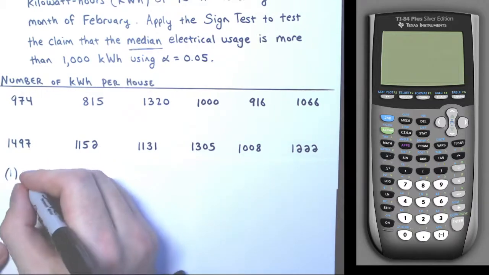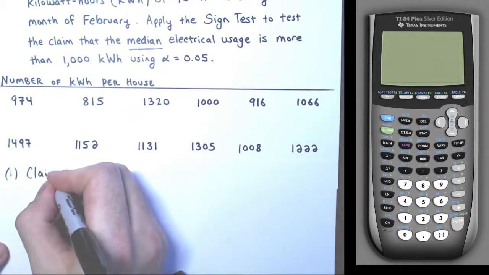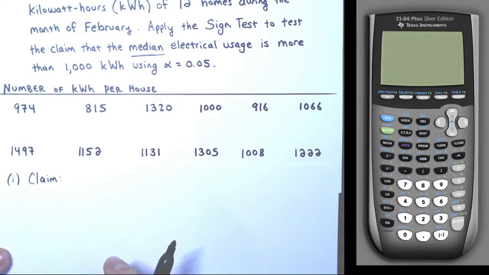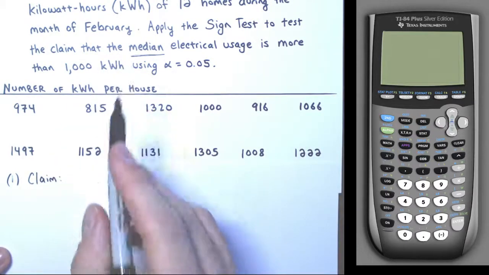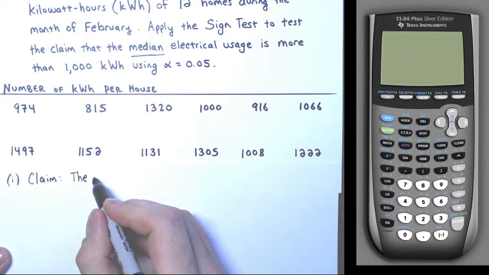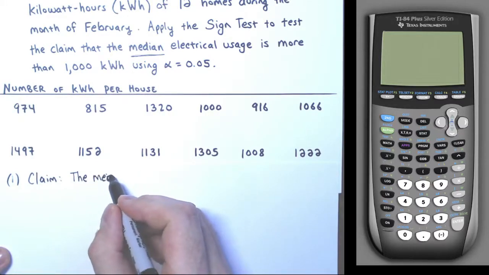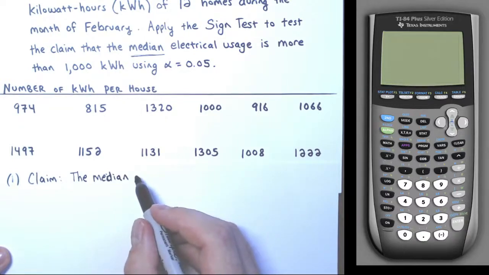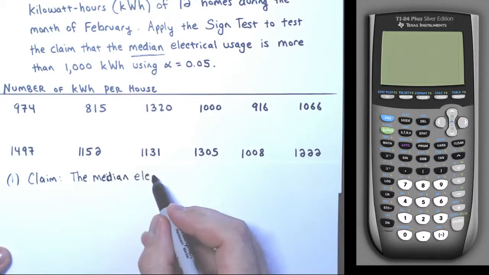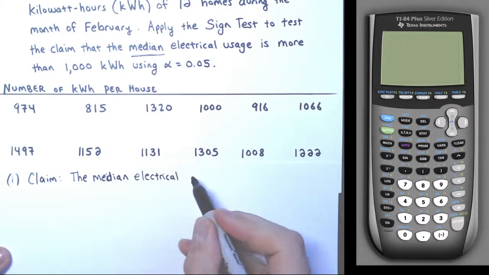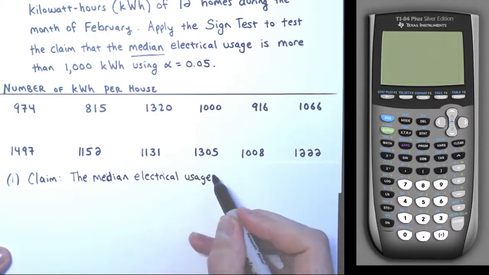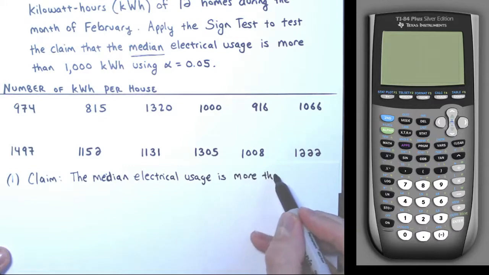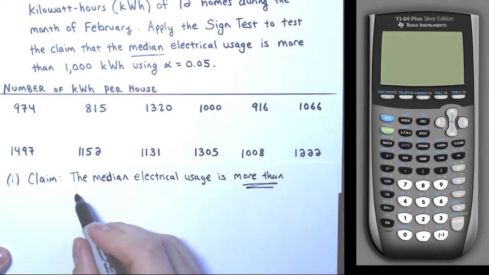So first, in order to establish the hypotheses, you need to know what claim is being tested. The claim is that the median electrical usage is more than, keywords there, 1,000 kilowatt hours.